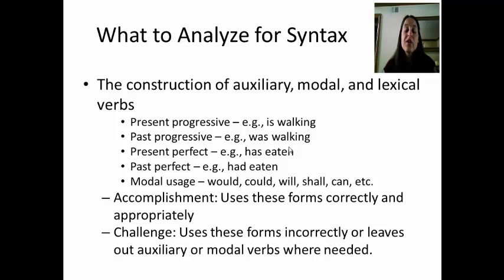Also, you want to look for the construction of auxiliary, modal, and lexical verbs. So remember we went over the different tenses of the verbs, right? Present progressive, past progressive, present perfect, past perfect, and modal usage. So in constructing these types of verbs, you have to use auxiliary or modal verbs. And so you want to look out for that if the child is able to do it correctly or not.